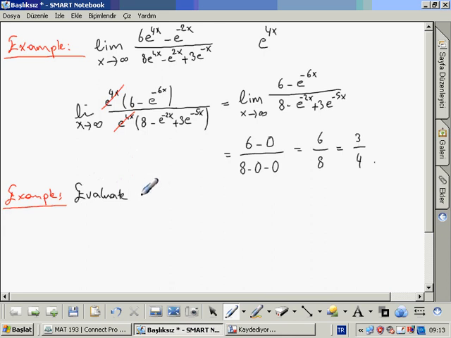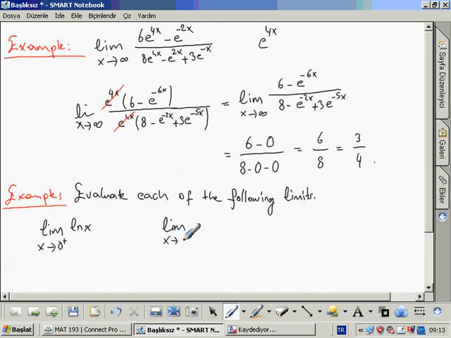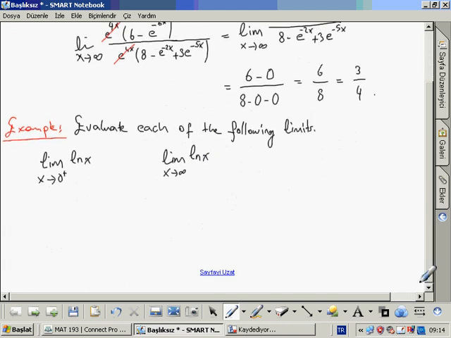Evaluate each of the following limits: the limit as x approaches 0 from the right-hand side of ln x, and the limit as x approaches infinity of ln x.